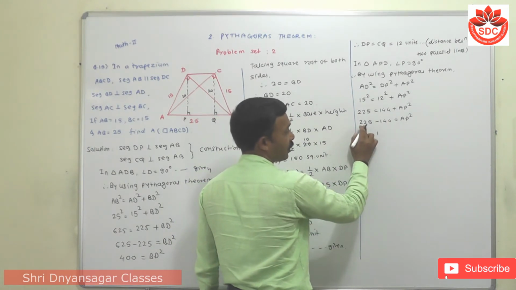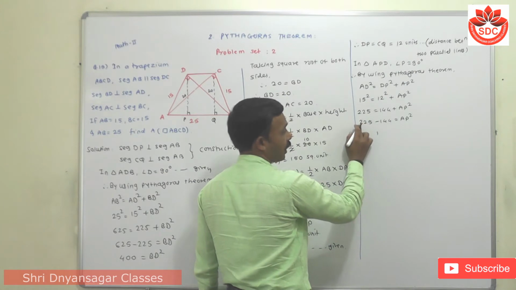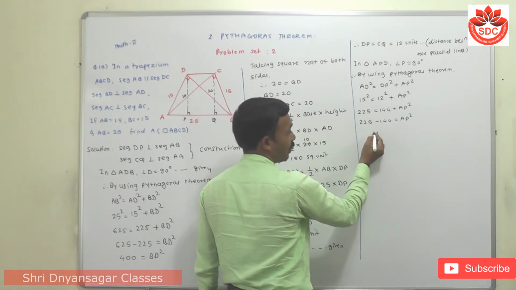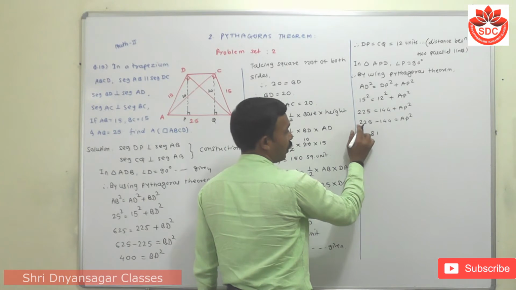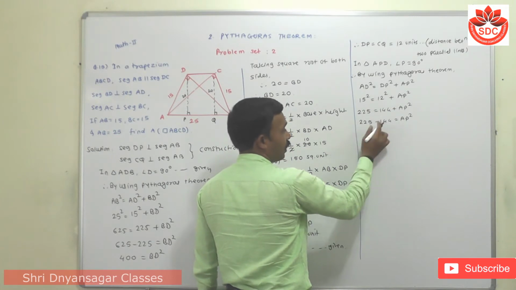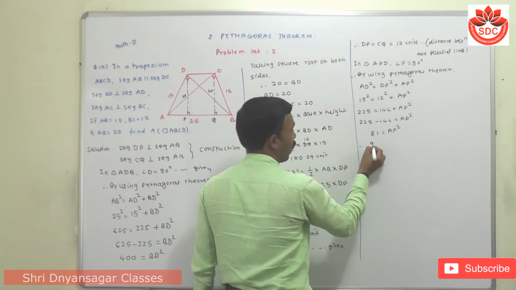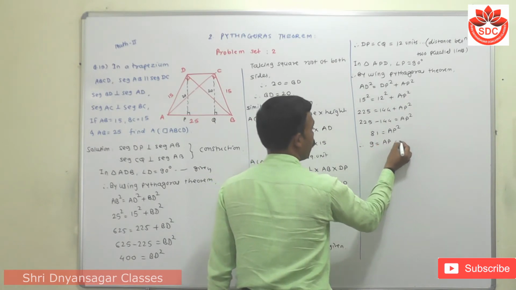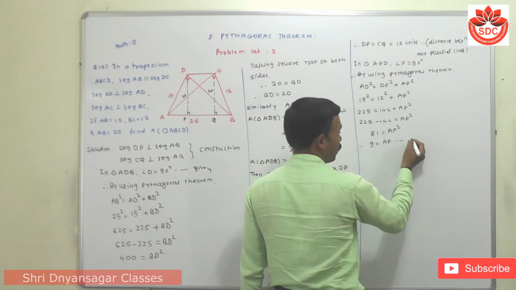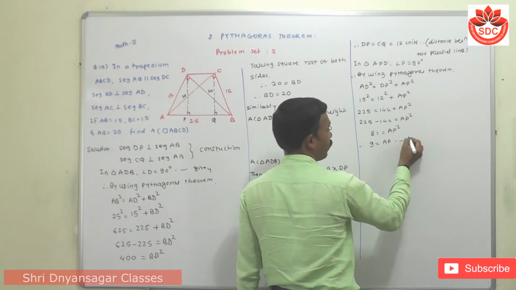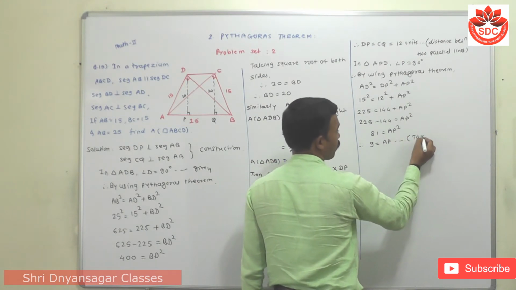Then we cannot subtract 4 from 2, so take carry, means 12. 12 minus 4 becomes 8. Then 1 minus 1 becomes 0, means AP square is 81. Therefore, 9 is equal to AP, means that AP is equal to how much? 9, because taking square root.